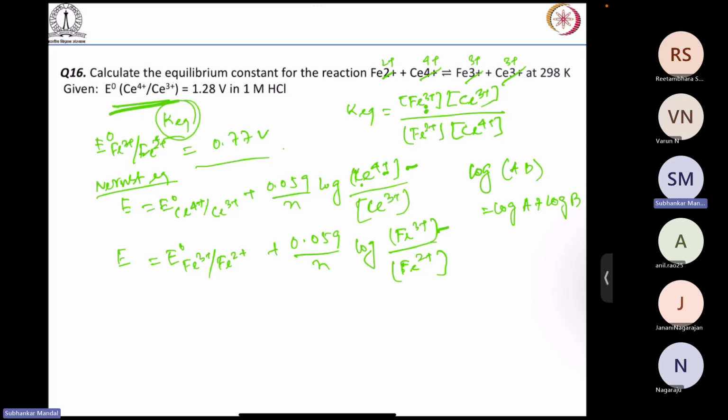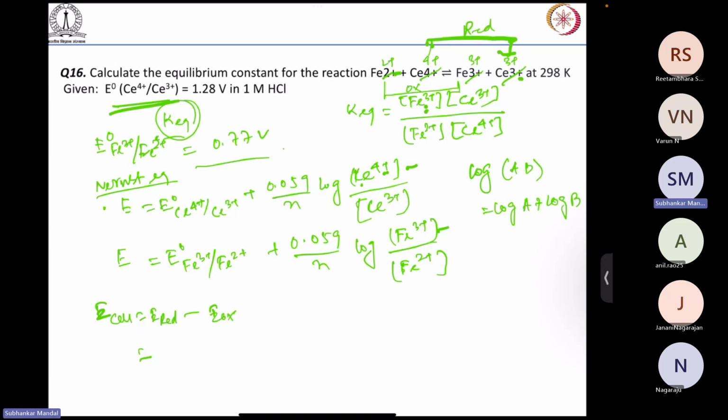So what do you have to do? Can anyone guess? Basically, cerium is reducing and iron is oxidizing. So what we know: E reduction minus E oxidation.